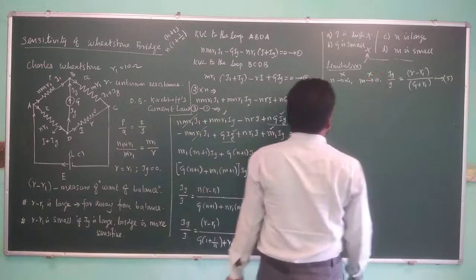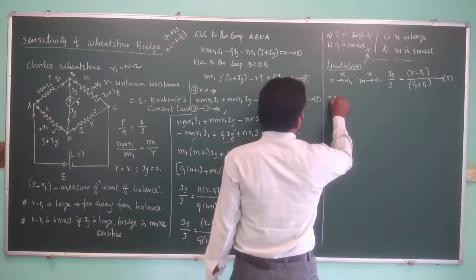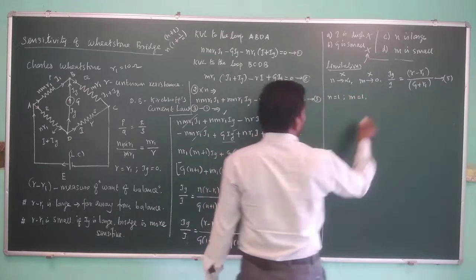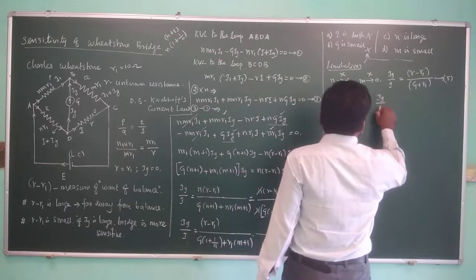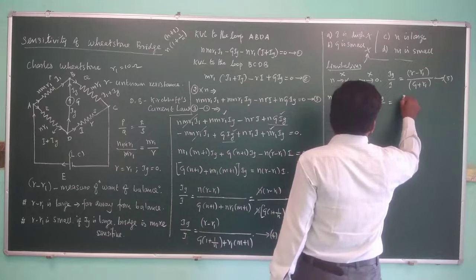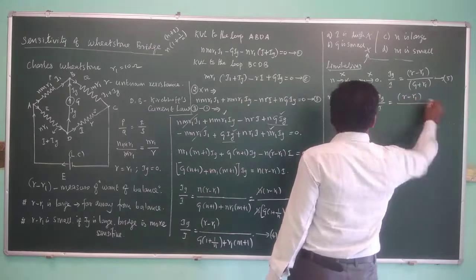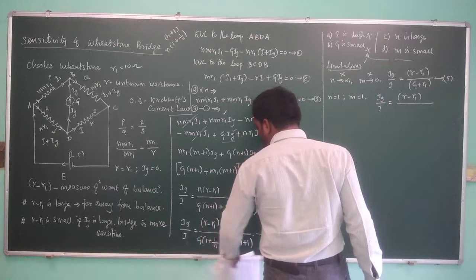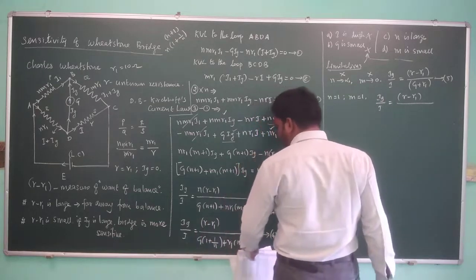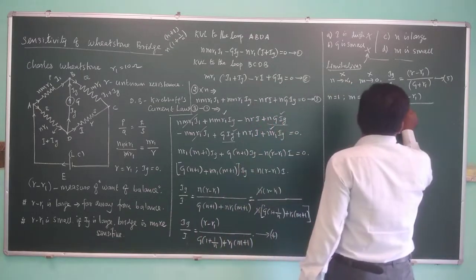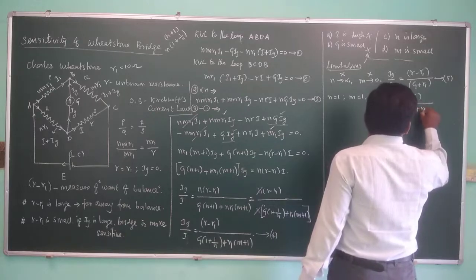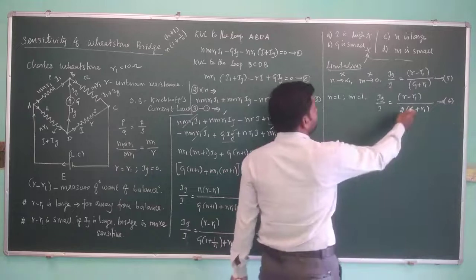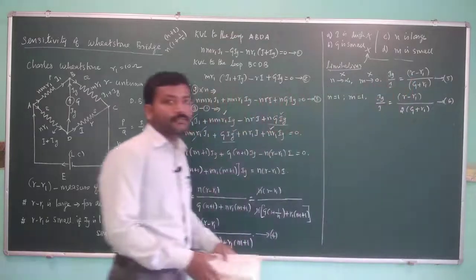So what would be other possibility? Let's take N equal to 1 and M equal to 1. In this case, what would be the equation? Ig by I is equal to (R minus R1) divided by, if you put N equal to 1, 1 plus 1, 2, so that 2G plus, if M is equal to 1, then 1 plus 1, 2, 2R1. If you take common, 2G plus R1. So in this case also, it is half of the earlier case.